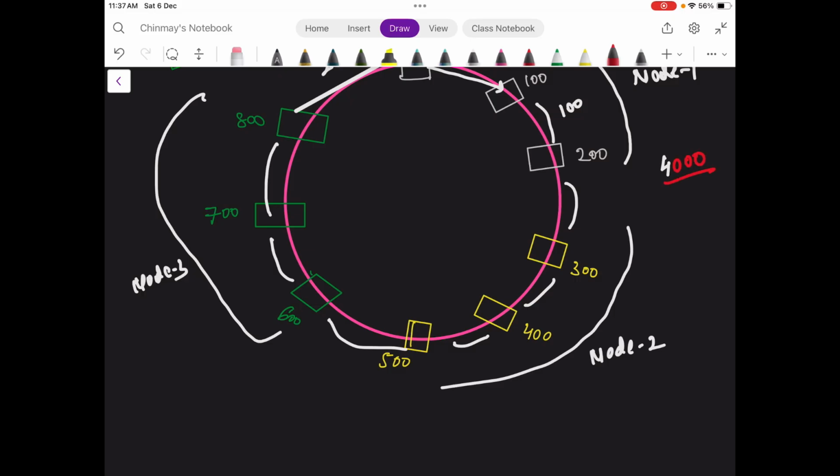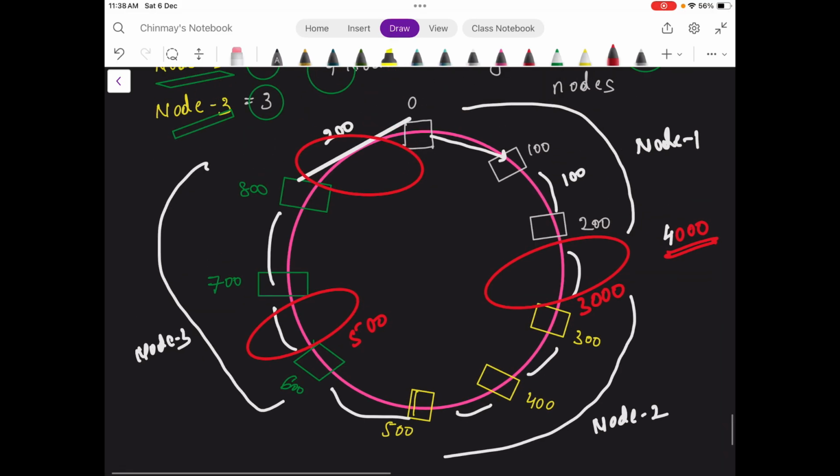For example, out of 4000 messages, there is a chance that 3000 messages will reside here, 500 messages here, and another 500 here. Still the distribution of messages problem will exist.